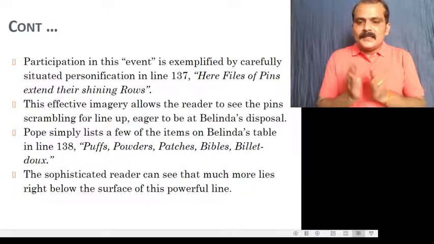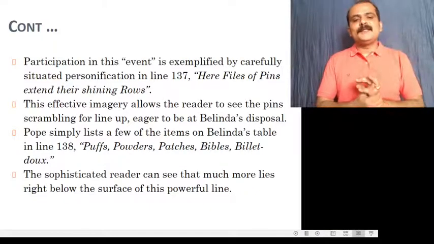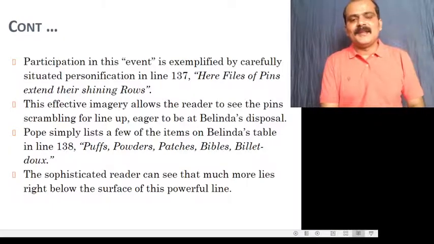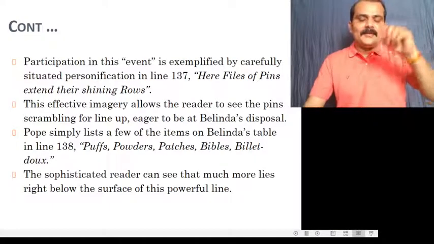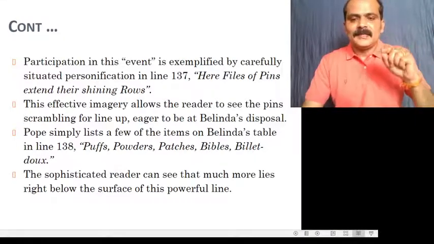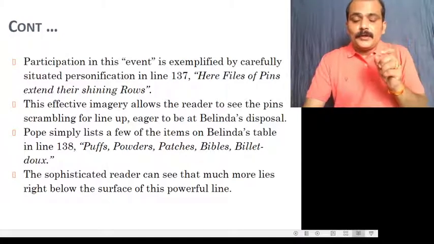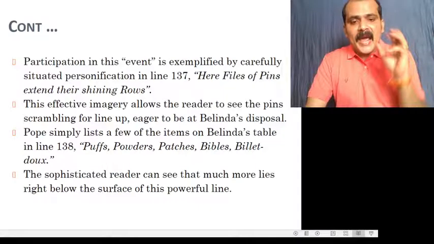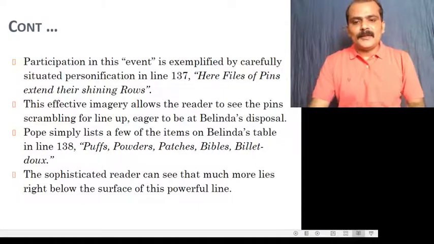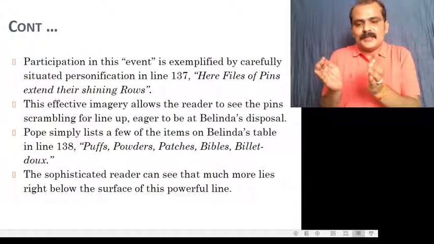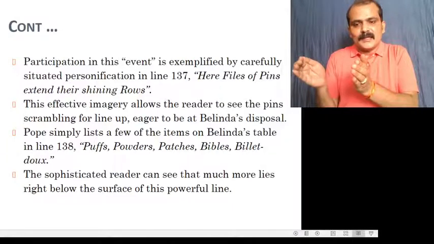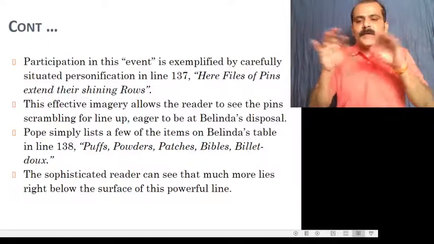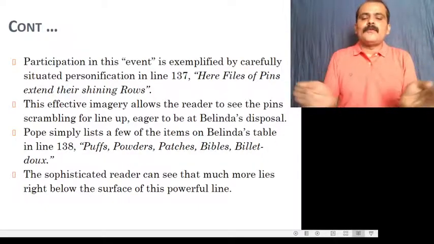Pope simply lists a few of the items on Belinda's dressing table in line 138. As I already told, puffs, powders, patches, Bibles, billet-doux are there. Look at all the items together. The sophisticated reader can see how much lies right below the surface of this powerful line.